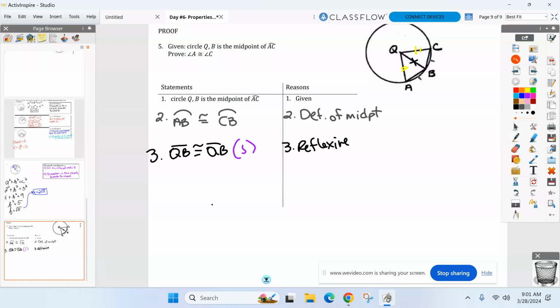You have to say QA and QC separately because those are the sides that match up, and QB and QB separately. You have to give me the pairs of sides that match up. So yes, QA congruent to QC. In a circle, all radii congruent.